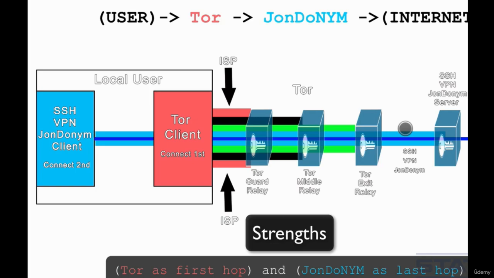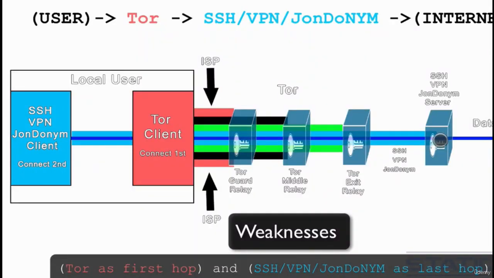In some cases, Tor hides your IP address by the SSH, VPN or Jondonym server, which clarifies your IP address and stores your data, and Tor fails there.